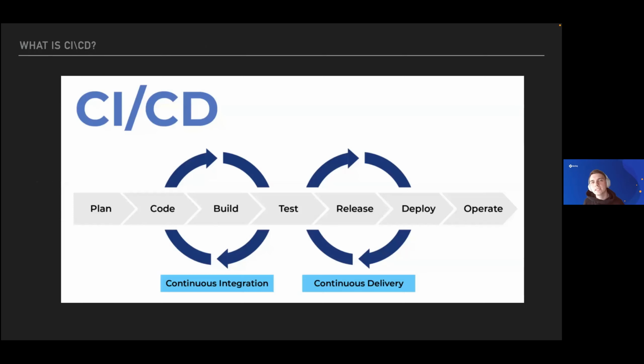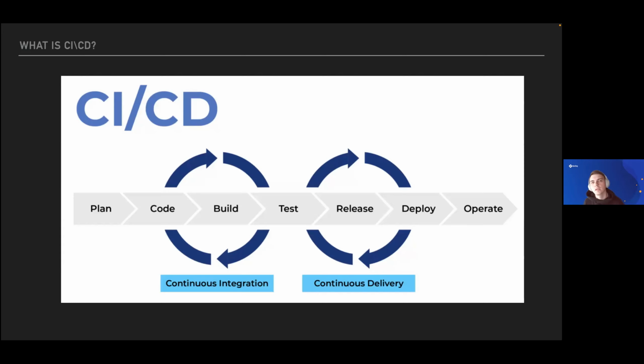So CI/CD is really trendy today. It stands for continuous integration and continuous delivery or continuous deployment process. It defines the way and process by which we build, deliver, and maintain our application from the idea to our client.